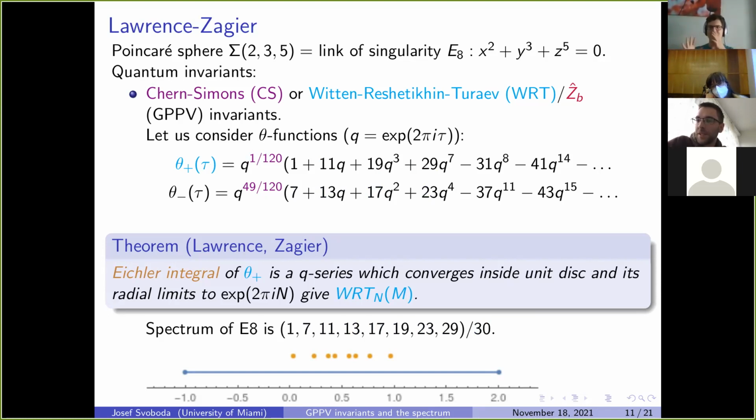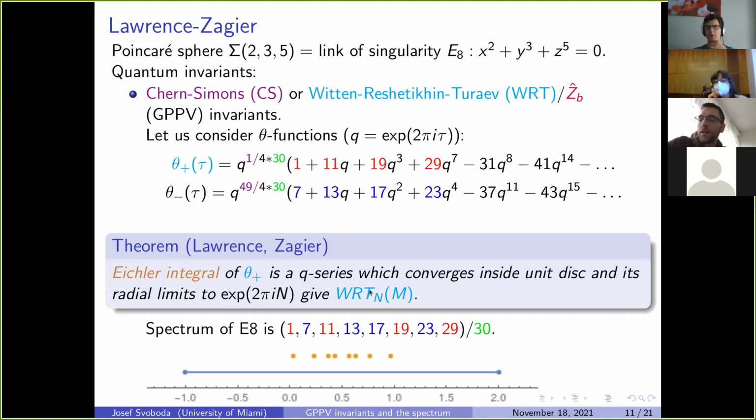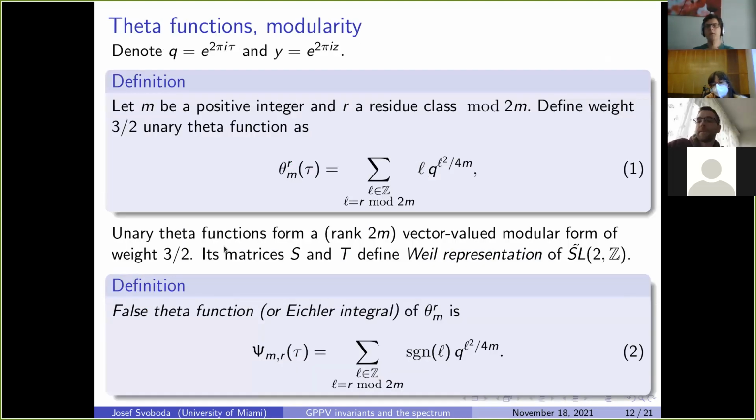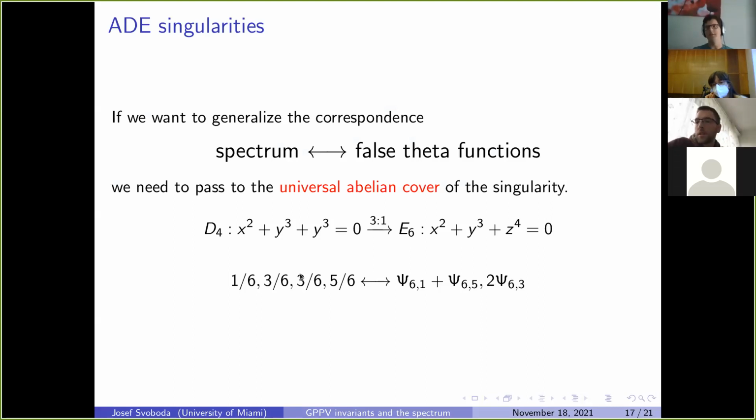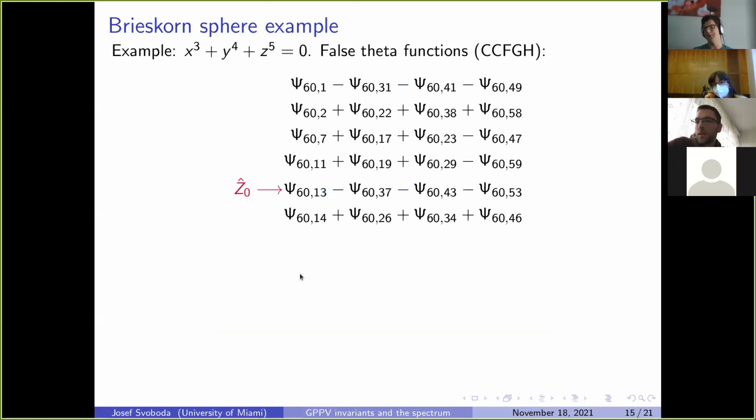The problem is that in general you lose a lot of information when you go from the singularity to the link. You cannot in general recover the spectrum from the link. Also, in the end we get a spectrum of a different singularity, which is kind of easier in a sense, this Abelian cover. So my answer is that I cannot say anything about other groups.